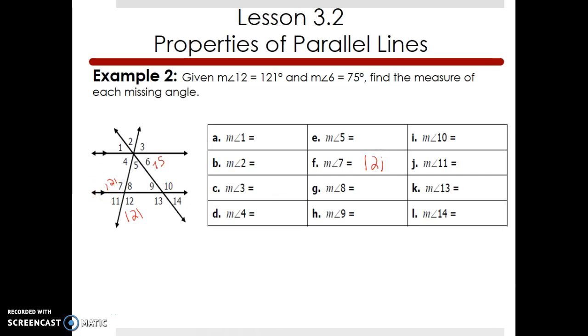And we know that 11 and 12 make a straight line, so they have to add up to 180. So this is going to be 59. So again, if angle 11 is 59, angle 8 is also going to be 59.